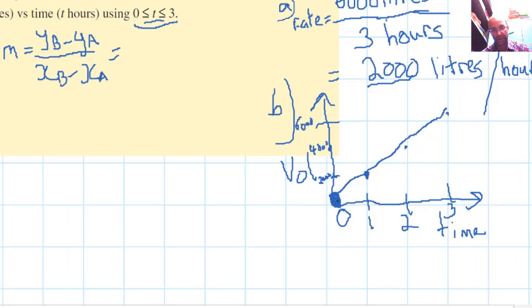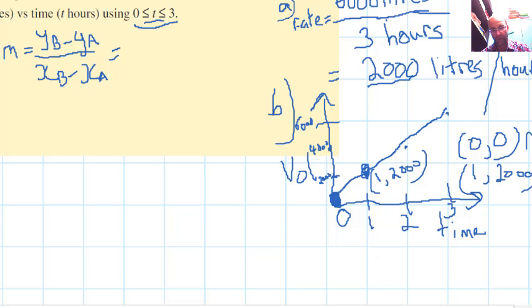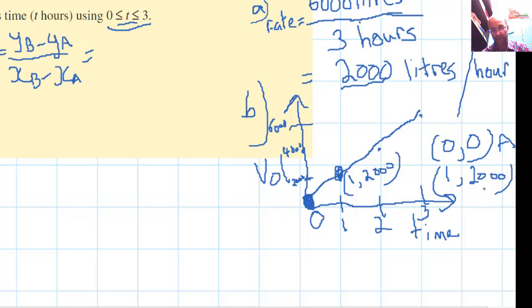Well, one point we know there is 0, 0, and another one, it really doesn't matter, but we found 2000 was another point, so 1, 2000 was the second point. So we've got the points 0, 0 and the point 1, 2000. I'm going to call that one A and I'm going to call that one B.